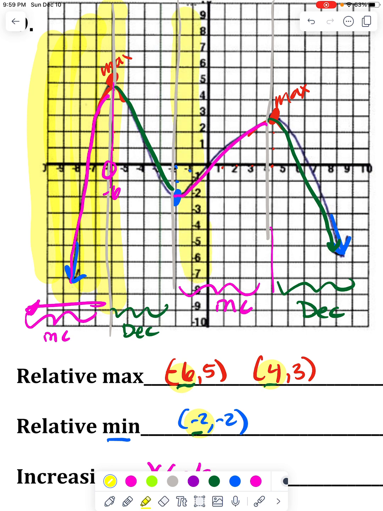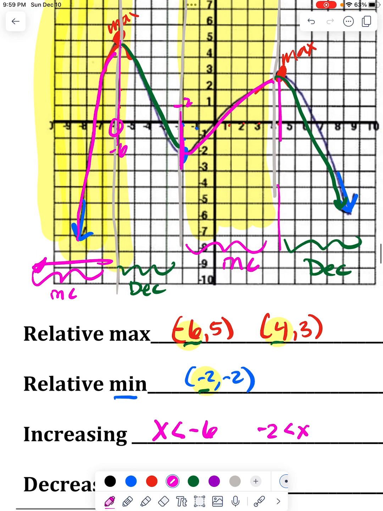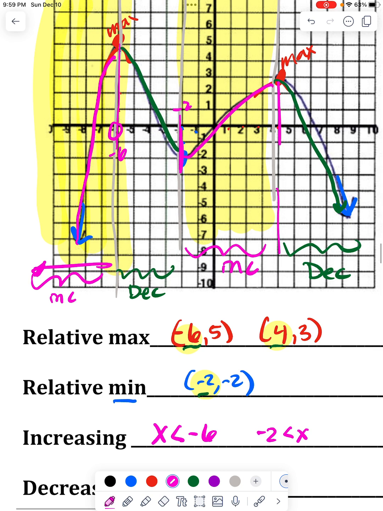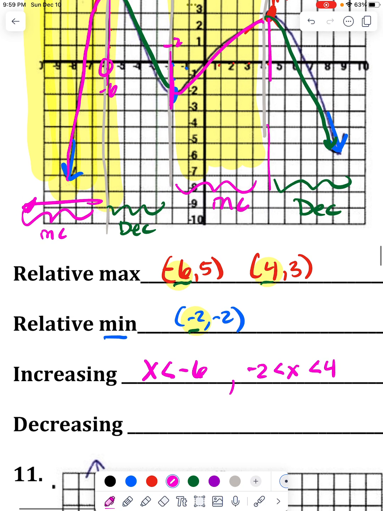It is also increasing here in this region. How would I describe that region? Only using my x coordinates, I would say, well, from here, which is at -2, and I'm doing an in between until over here, which appears to be at 4. So that's between -2 and 4, it's also increasing.